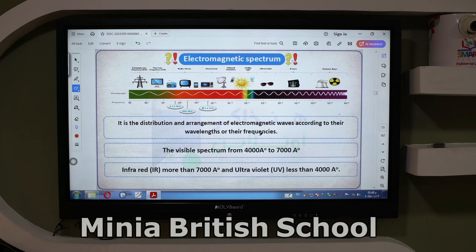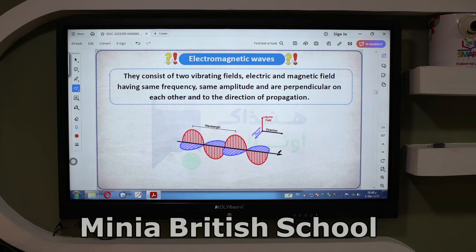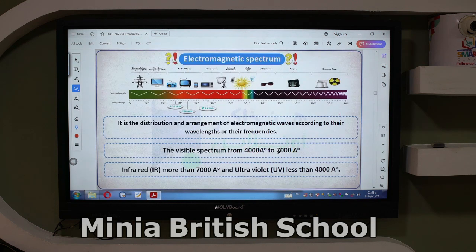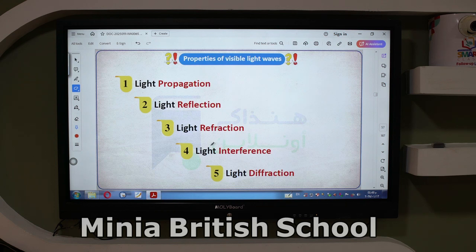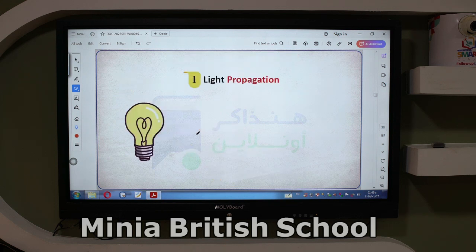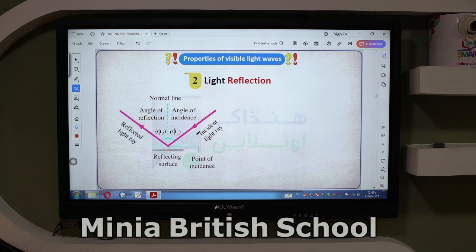The visible spectrum is from 400 to 700, okay? Light propagation: let's have the light propagation. We have some properties of visible light waves.